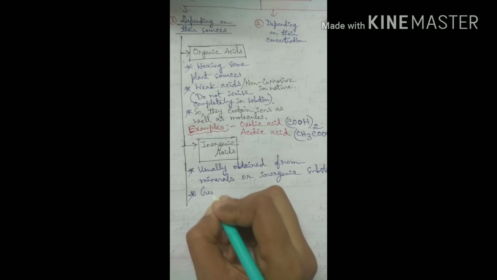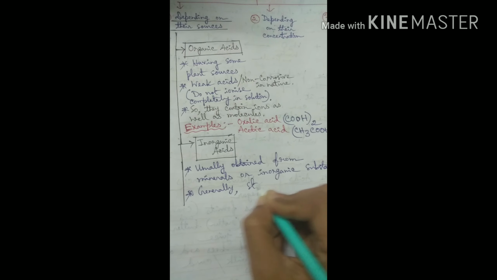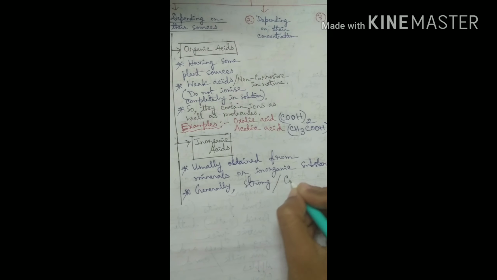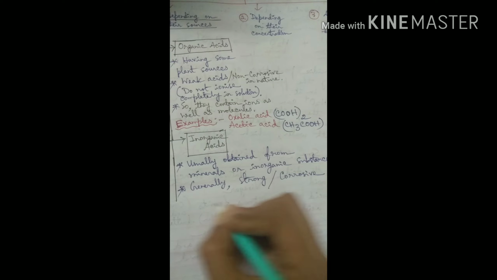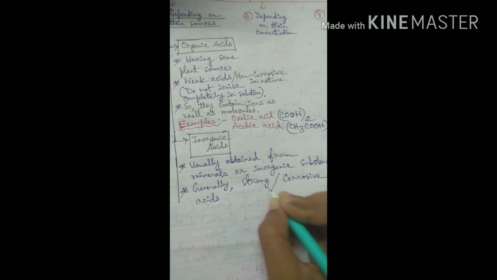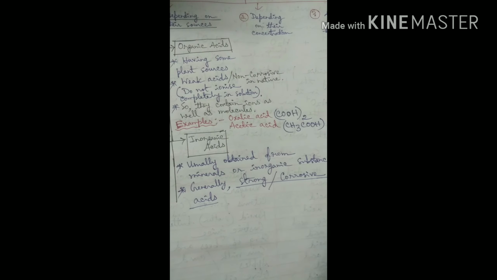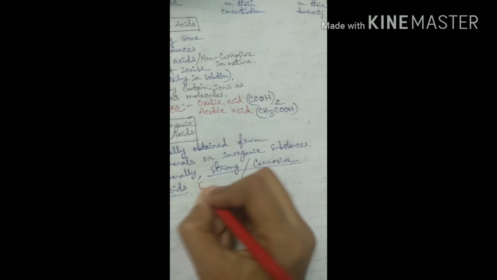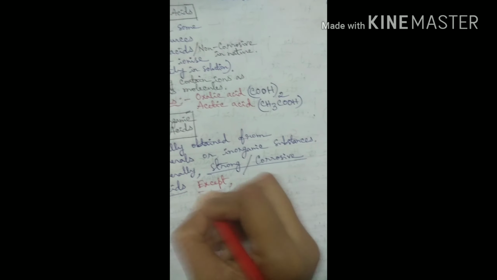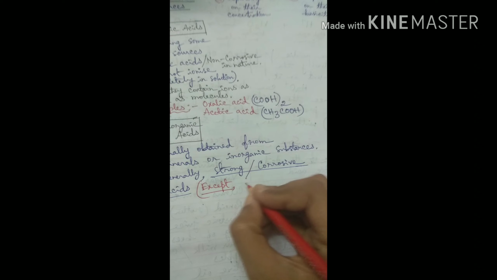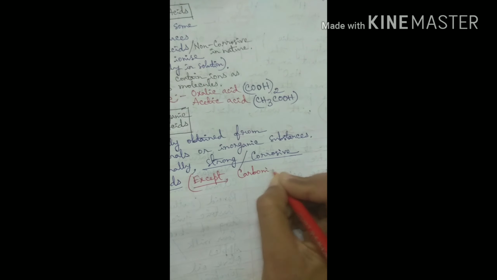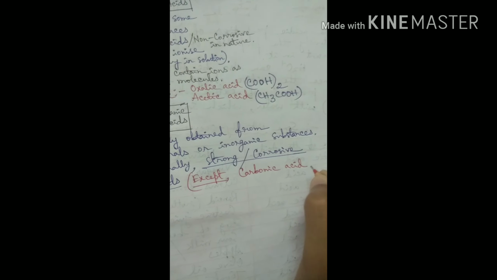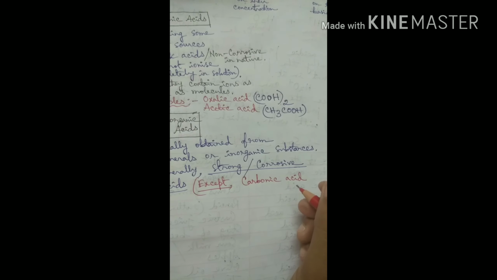They are generally strong or corrosive acids. One exception is there, except carbonic acid. We can get carbonic acid by dissolving carbon dioxide gas into water.